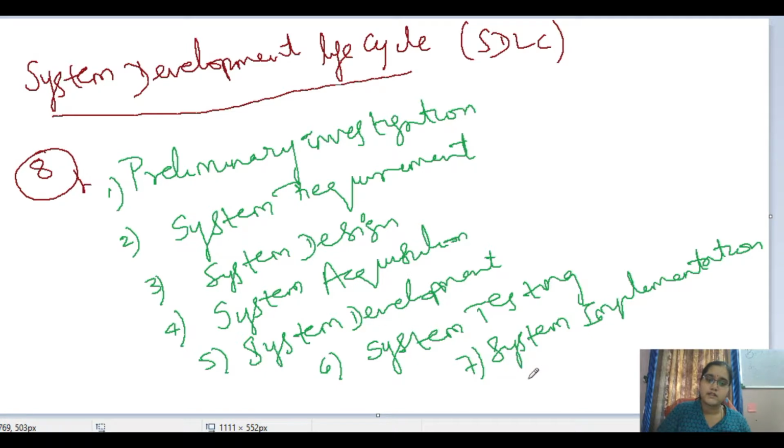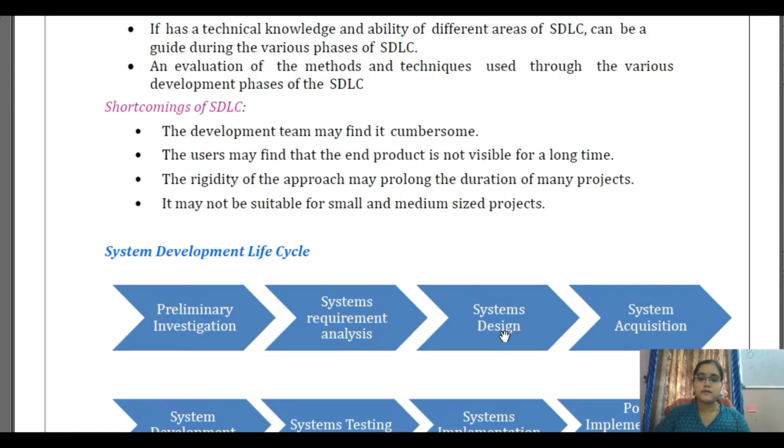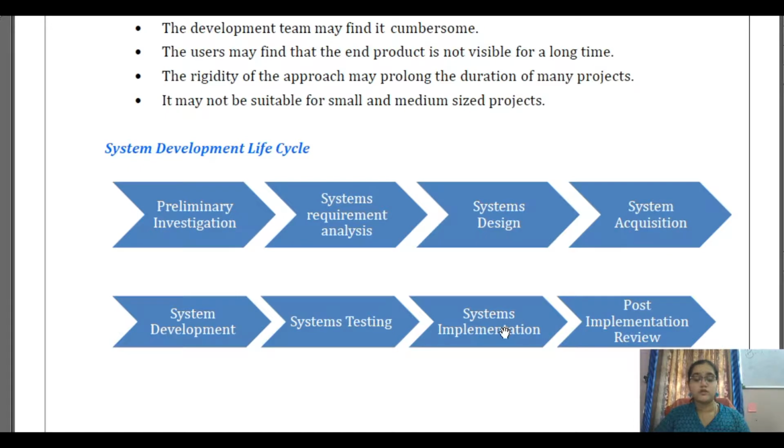After system implementation, you will have post implementation review and maintenance. Okay, so the preliminary investigation, system requirement analysis, system design, system acquisition, system development, system testing, system implementation and post implementation review. These are the 8 different steps which will be covered in the system development life cycle.